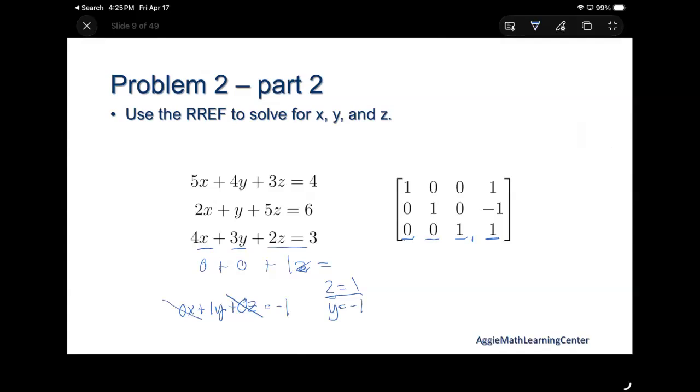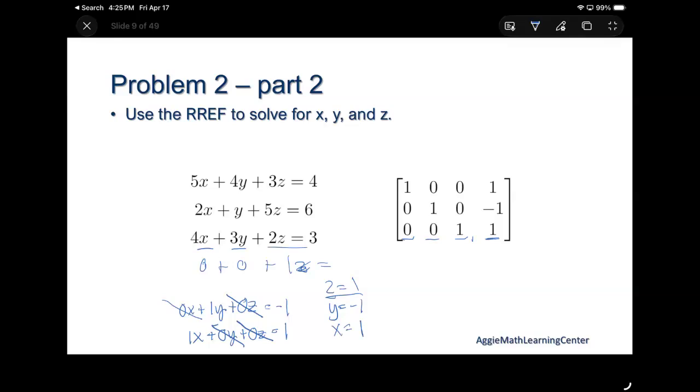Okay, great. Top row, I can write the same kind of equation: 1x plus 0y plus 0z is equal to 1. These coefficients are 0, which means 1x is equal to 1. So now we've finished our solution set. I know a 3D point, x equals 1, y equals -1, z equals 1, is a solution to my system.